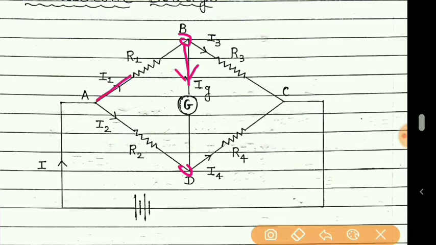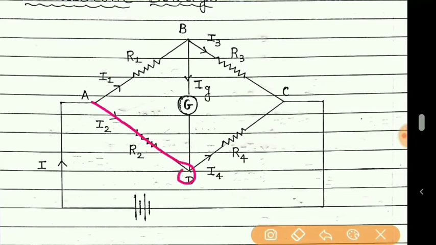Already current I1 is there here. It gets divided into current Ig and I3. So if we apply Kirchhoff's first rule at a junction, then we can write I1 is equal to I3 plus Ig. Now here this current is I2.